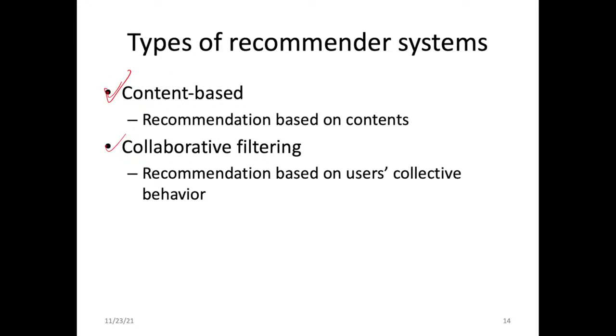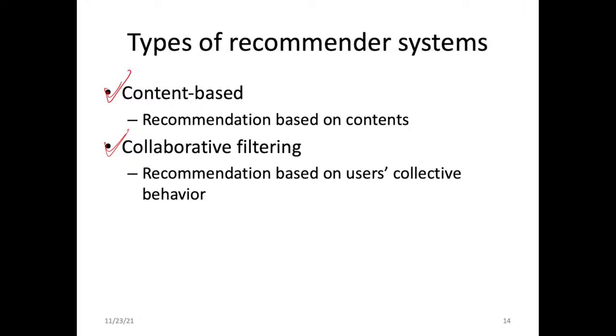You may have some characteristics of the movies, you may have some characteristics of the users, and then you make recommendations based on these attributes. On the other hand, collaborative filtering doesn't rely on these characteristics at all. They just want to use people's previous ratings to predict their future ratings.